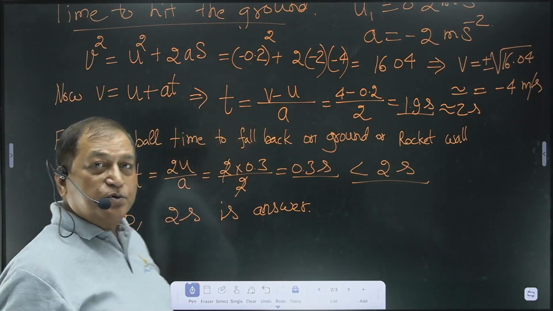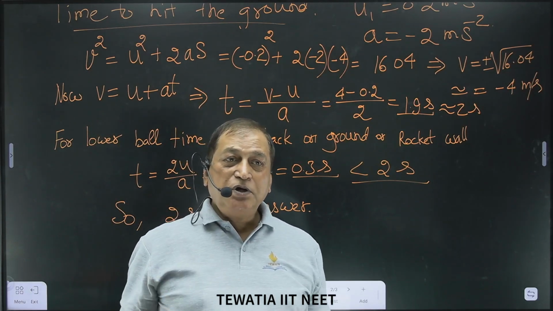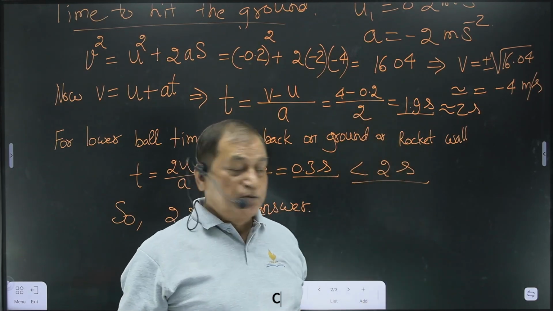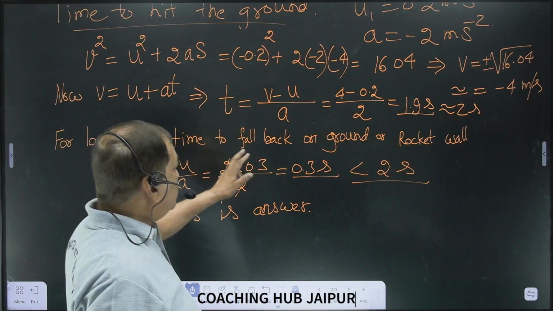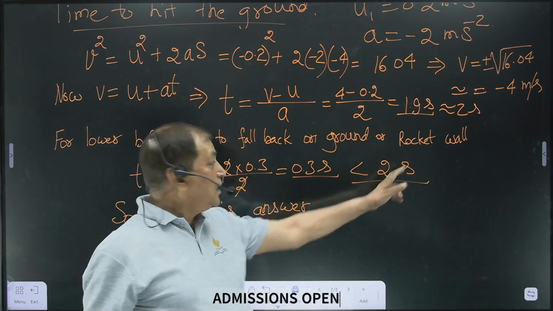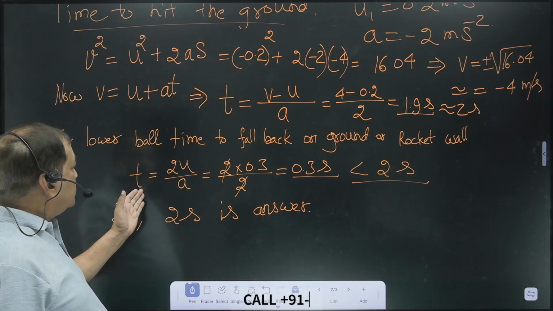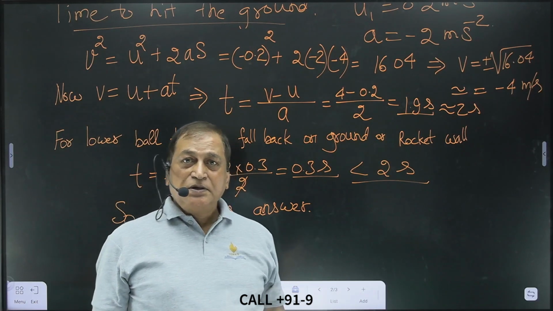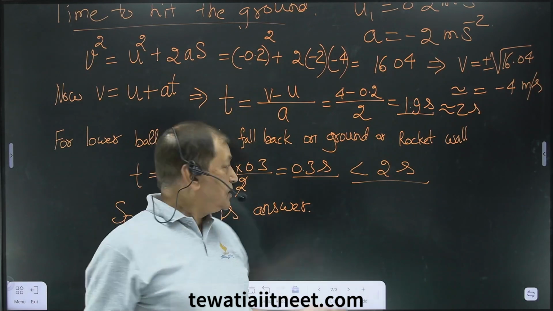And to give it a final check whether they really collide on the ground, the second ball should be on the ground before the first ball strikes the ground. So for that, we calculate for the lower ball the time to fall back on the ground or rocket floor. So time of flight of the ball is t is equal to 2u by a, because that ball is thrown with velocity 0.3 meter per second in the upside.